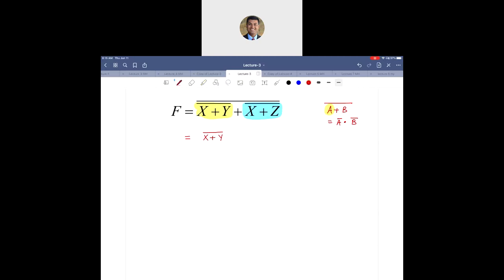So this will result in a double complement over here. The or sign will become and, and then I have b complement, which is essentially x nor z double complement. And we know that double negation cancels out, so we get x or y. And right here it is very helpful to put parentheses around these because we are ANDing them. And then I've got x or z.